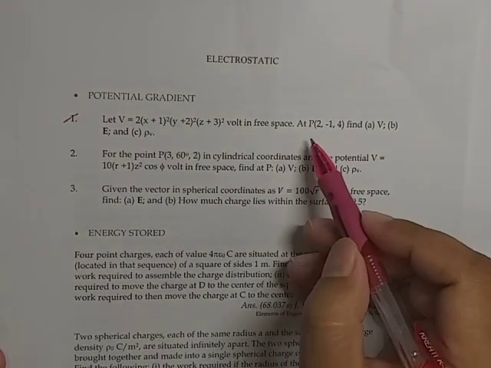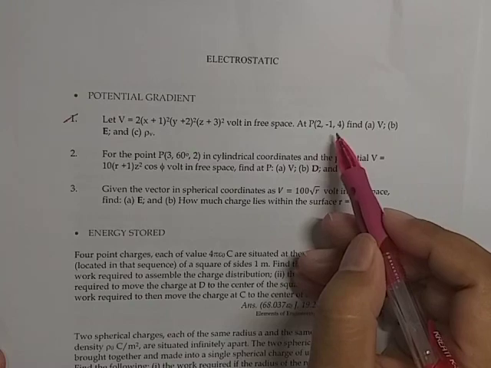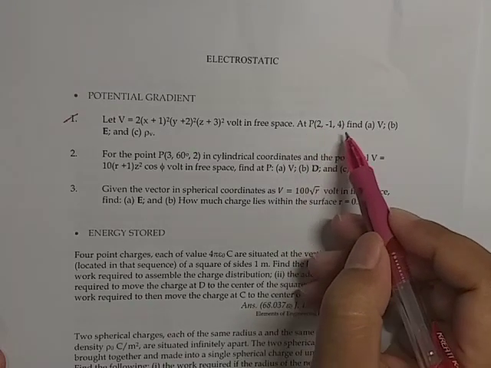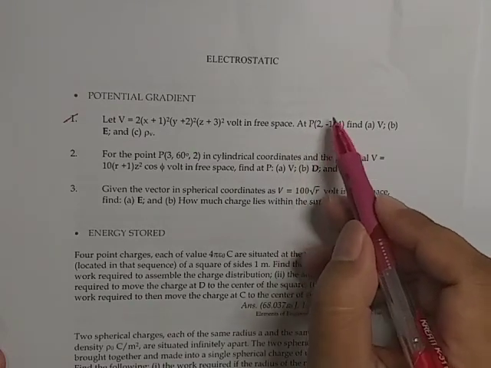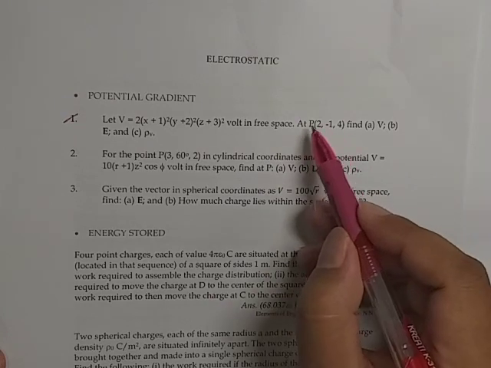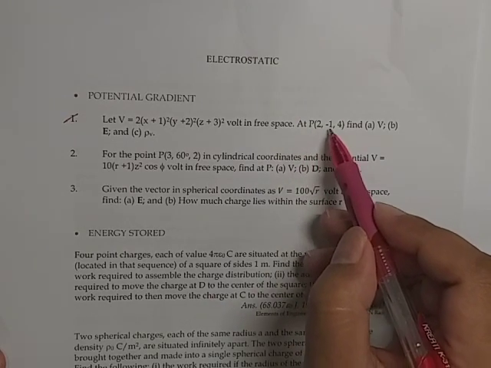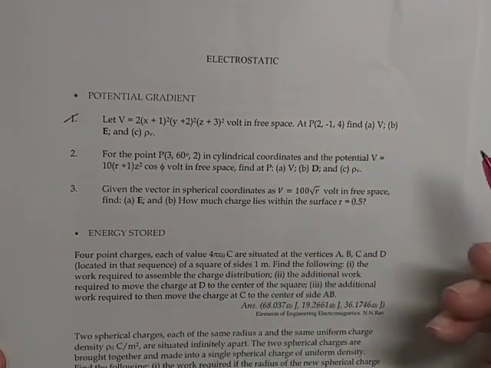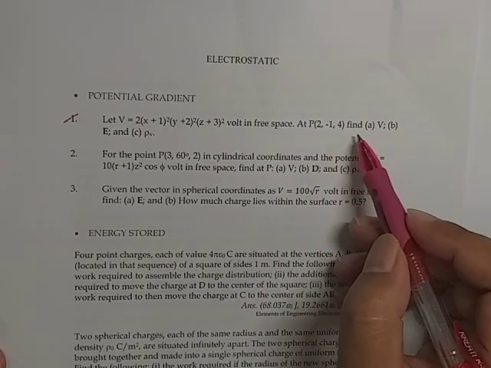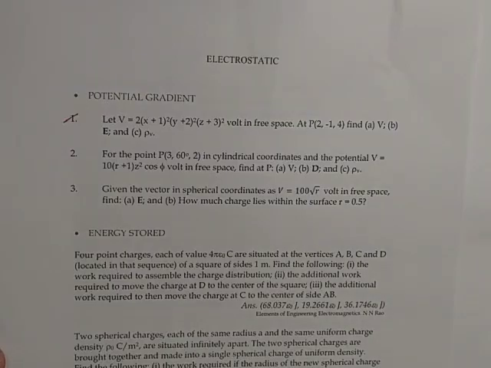At P given as (2, -1, 4), from the variables given here, we know that the coordinate system referred to in this problem is Cartesian, because of the magnitudes. Okay, the first question: find V. So let's do it.